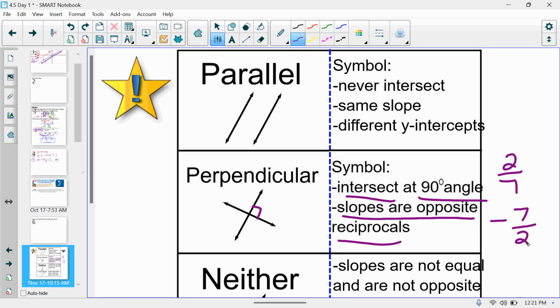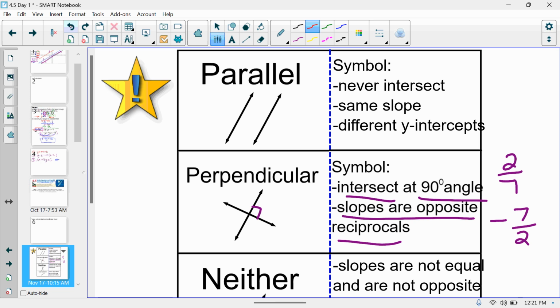Because reciprocal means you have to flip it over. Like, see how the 2 was on the top, the numerator, but now I put it in the bottom, the denominator, I flipped it. But also see how this one is positive and this one's negative. That's what we mean by opposite, okay?